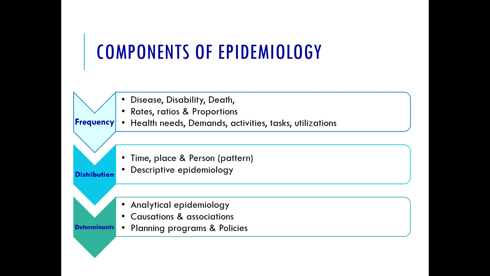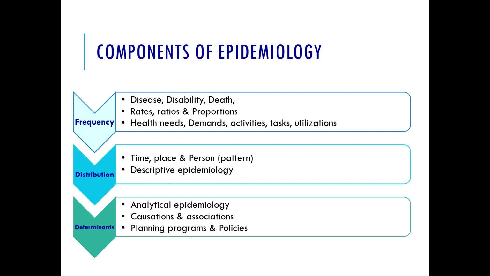And we have discussed in details what are rates, what are ratios, and what are proportions. I have given you the concept of numerator and denominator, the difference between rates and ratios, and why and how do we calculate the proportional rates. So we will not be discussing these rates in detail in today's lecture.